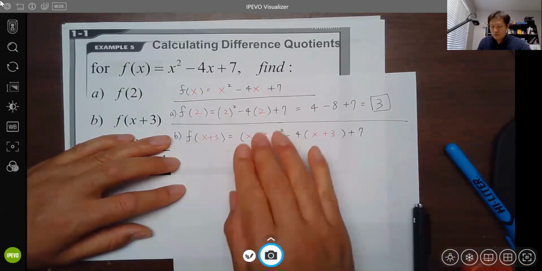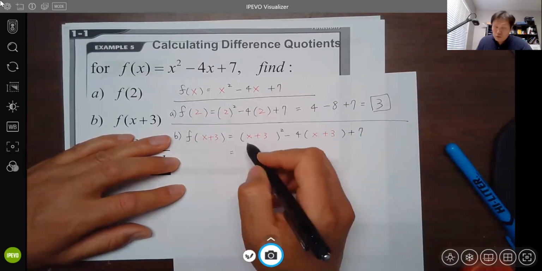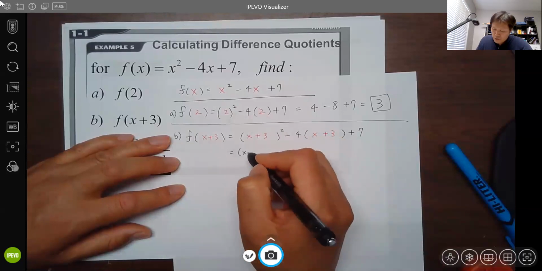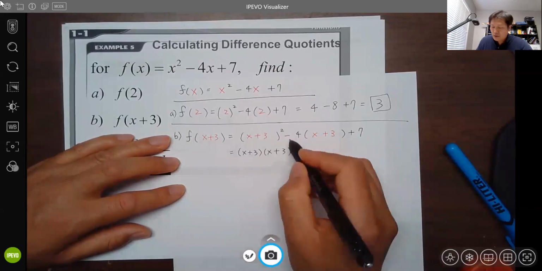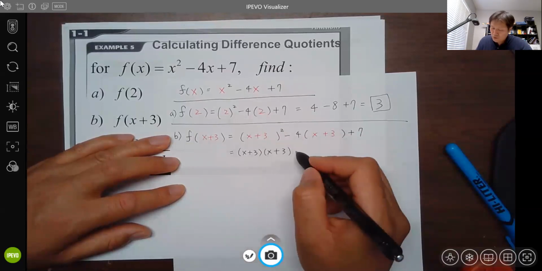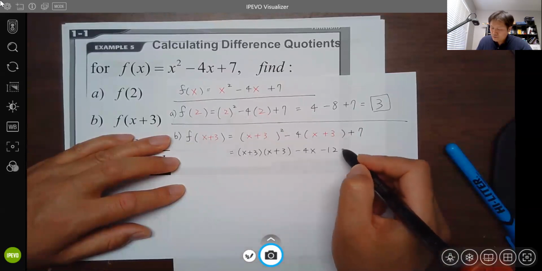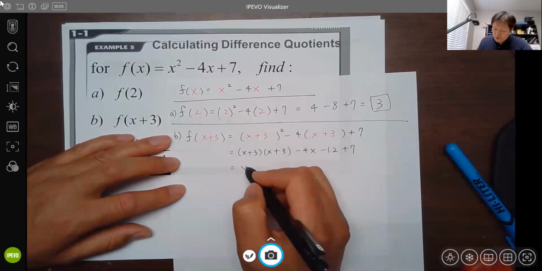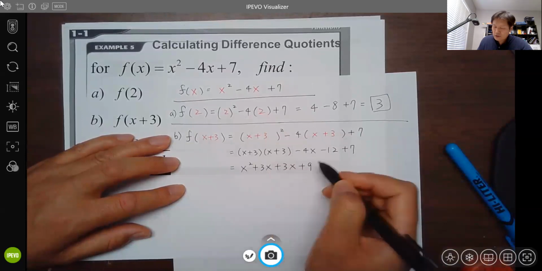What do you do? Distribute, combine like terms, and all that. If you do parenthesis squared, if you remember the formula, go for it. If you don't, you will have to fold it. I'm going to fold this one, and distribute this one right away. Minus 4x minus 12 plus 7. So fold this: you will have x squared plus 3x plus 3x plus 9.